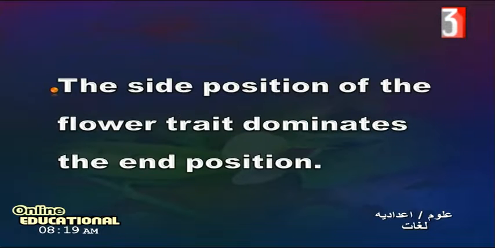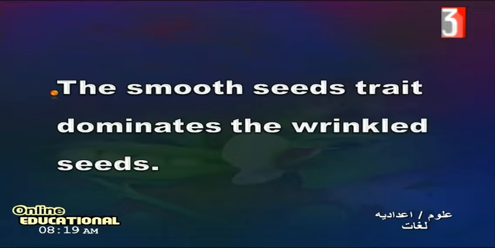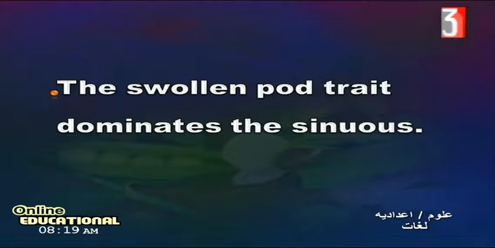The side position of the flower dominates the end position. The smooth seed dominates the wrinkled seed. The swollen bud dominates the sinuous, and the green bud color dominates the yellow bud.